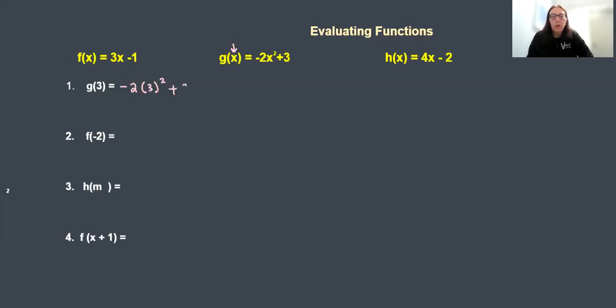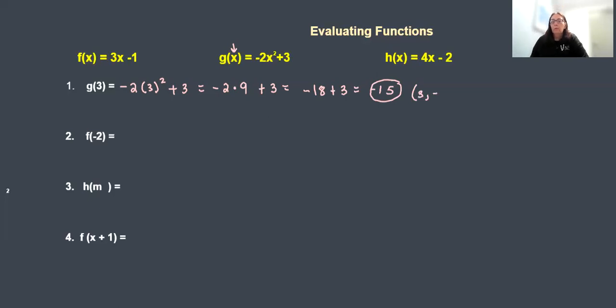And then we're just going to follow the order of operations, which tells us to do the exponent first. 3 squared is 9, plus 3. Multiply first, you get -18 plus 3, which is -15. So if you input 3, your output is -15.